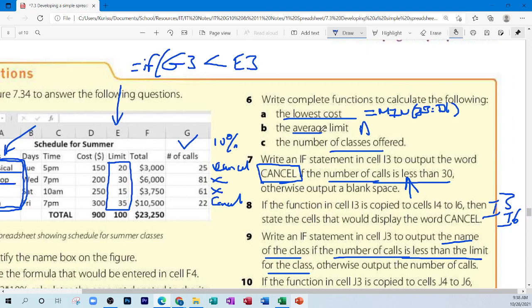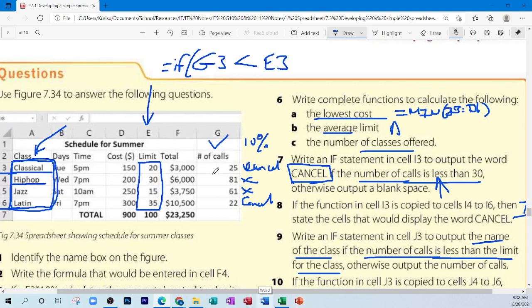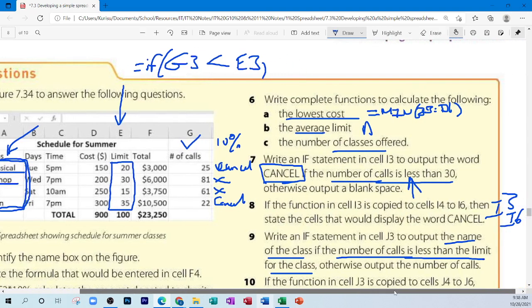So that there is our test. We're testing if the number of calls, column G, is less than the limit. So that's column E. So that there is our test. Now, the other part is our true value and our false value.